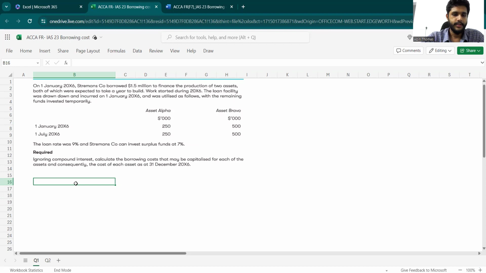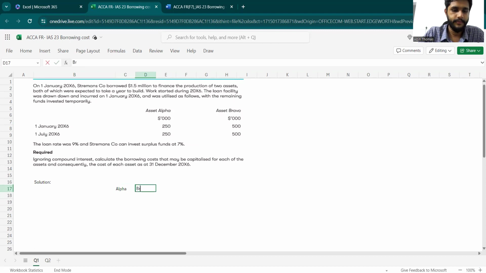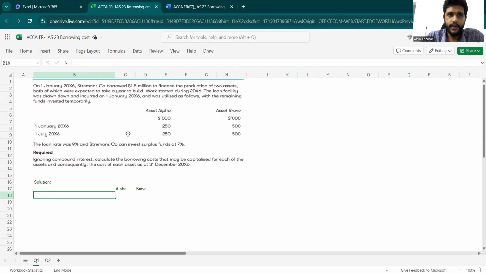So let's start the answer. We have two assets. First one is Alpha. Second one is Bravo. When do we calculate the interest from?